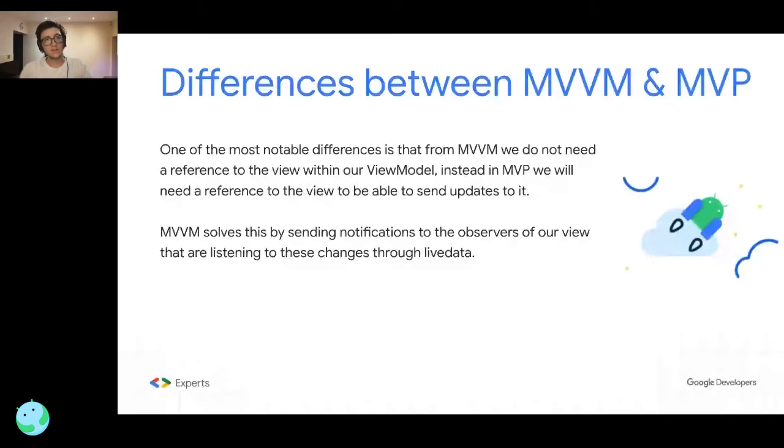I think there are some libraries now that help with the process of killing the view in different lifecycle events. But in the MVVM architecture pattern, we use only an observer for the data in the view model. So our UI just lives with all the life cycle in the UI, and we don't care about sending the view instance into the view model. That's a really nice thing, and the big difference between these two.